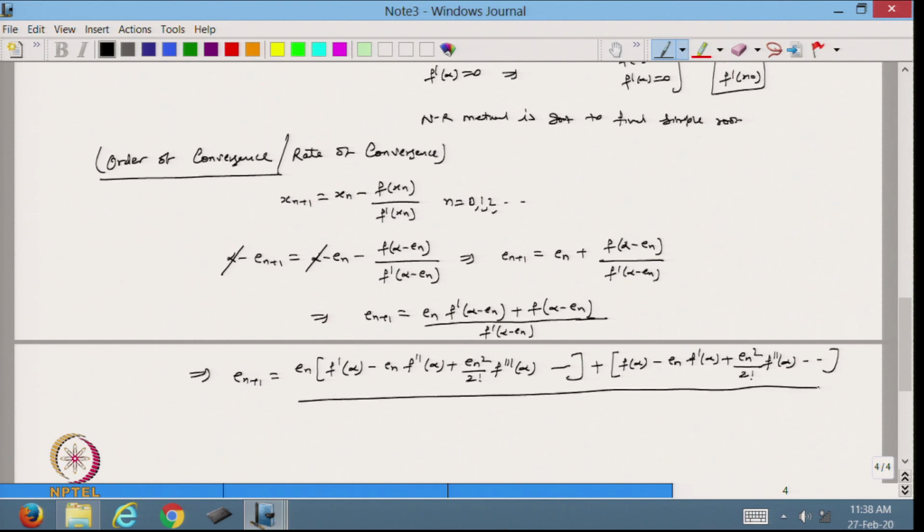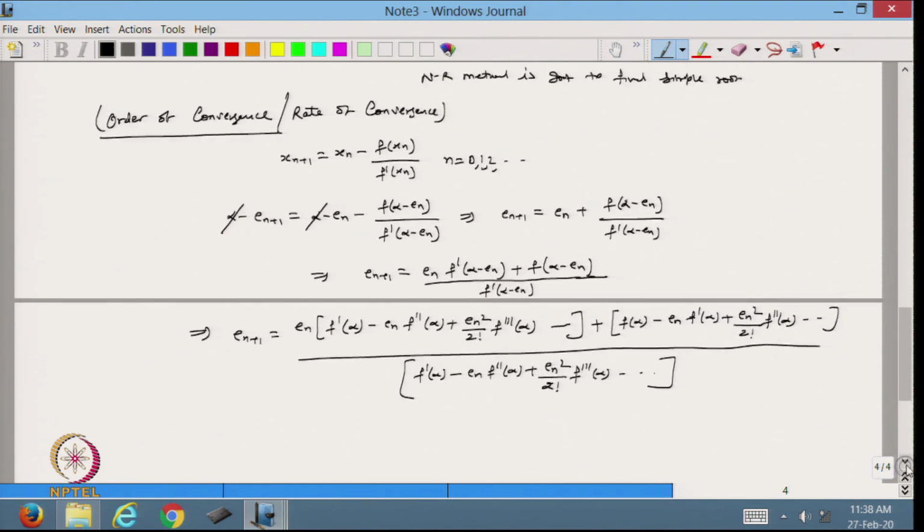And then I will divide this by the same f dash alpha minus E n f double dash alpha plus E n square by 2 factorial f triple dash alpha and so on.